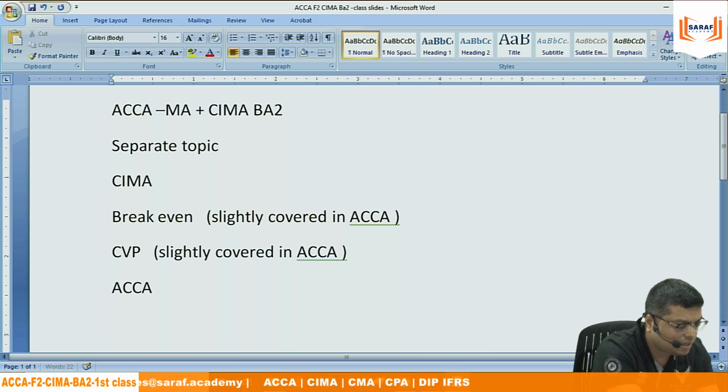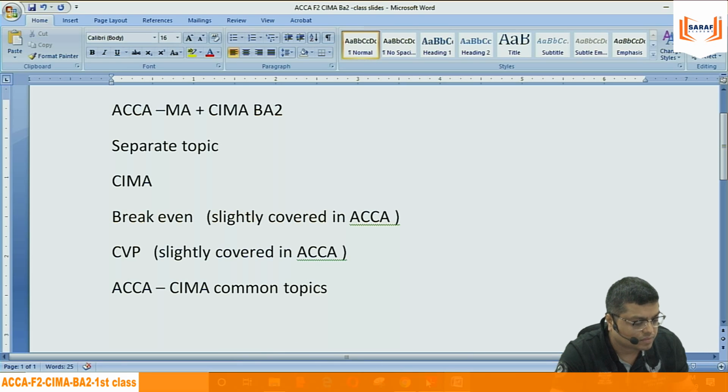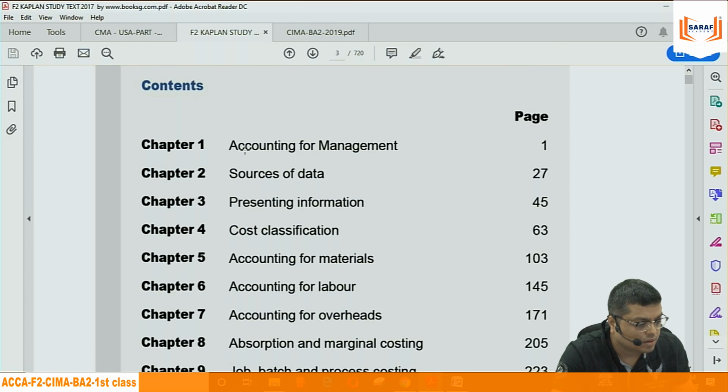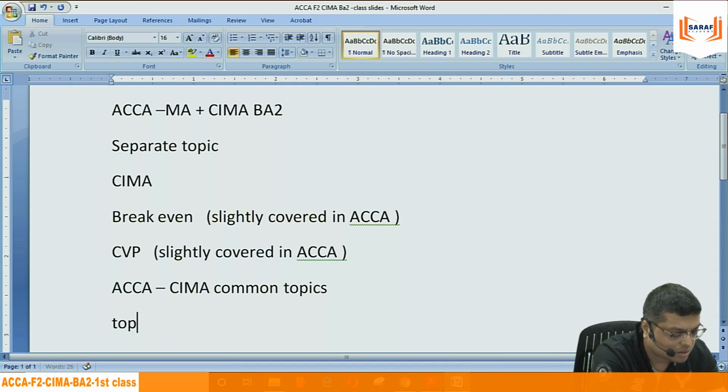If I say ACCA and CIMA common topics: topic 1 is common in both.